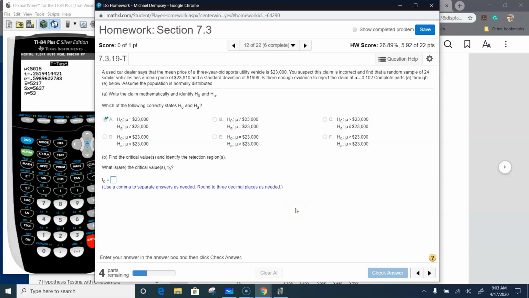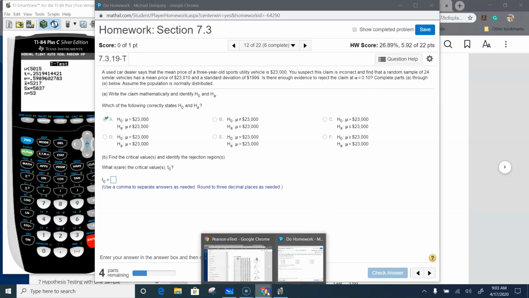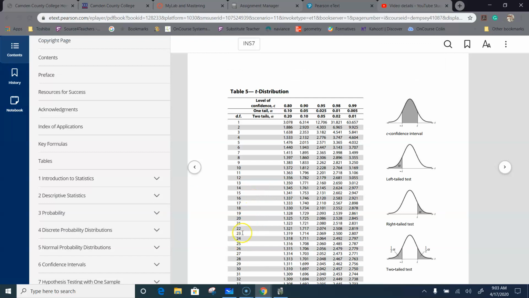What's the critical value of t? In other words, what's the t value that's going to impress us in this particular case? So we have a sample size of 24. It's a two-tailed test, and alpha is 0.01. So we need to look at 23 degrees of freedom. So I go down to 23 degrees of freedom for two tails, and alpha is 0.01. Hopefully you can see this here.